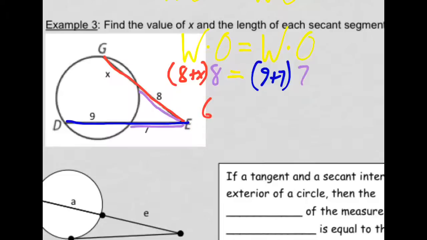So we get 64 plus 8x equals, and this is 16, and 16 times 7 is 112.